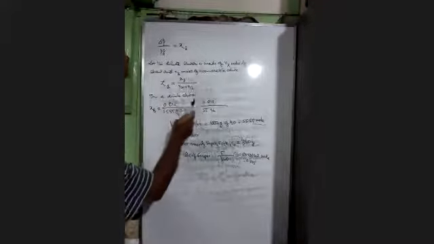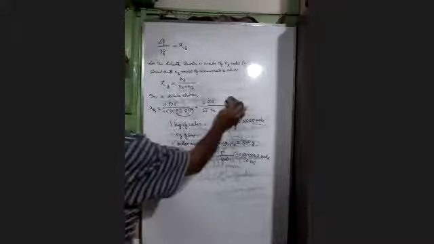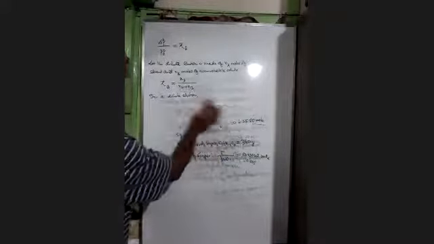See, I found that if I divide NB by NA, whatever value I get will be the same as the value if it is NB divided by NA plus NB. Is it not? So in that dilute solution, I can ignore this one. All right. So this is my main purpose of showing all this.